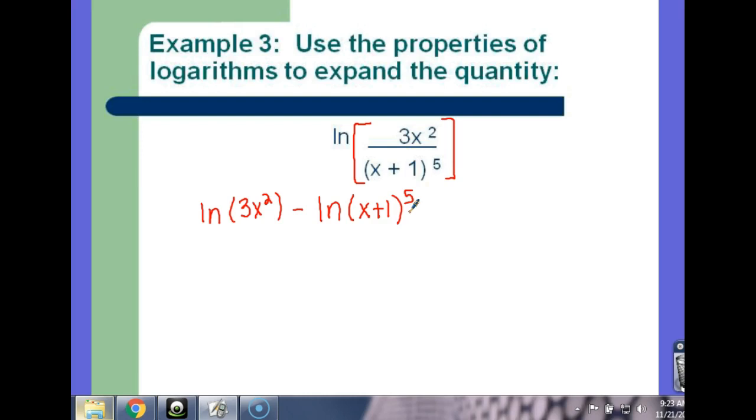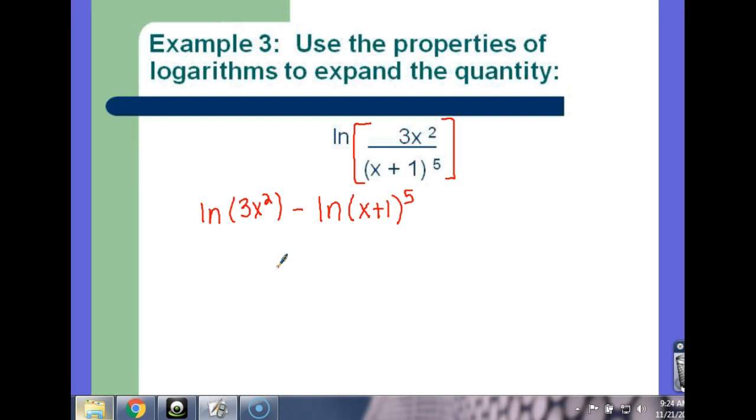Now, what's nice about natural logs is their powers can be brought out in front. Where you have to be careful is this is 3 times x squared, but the 3 isn't being squared, only the x's.